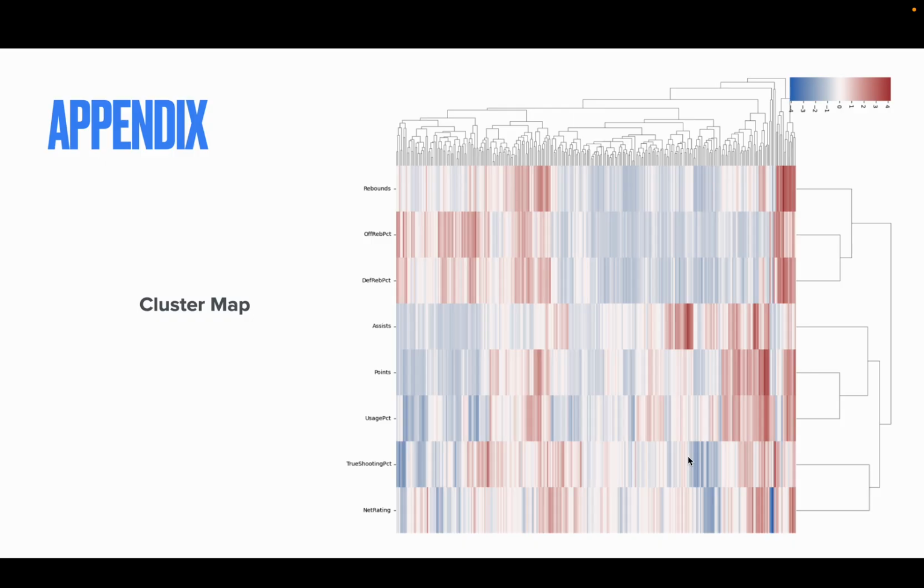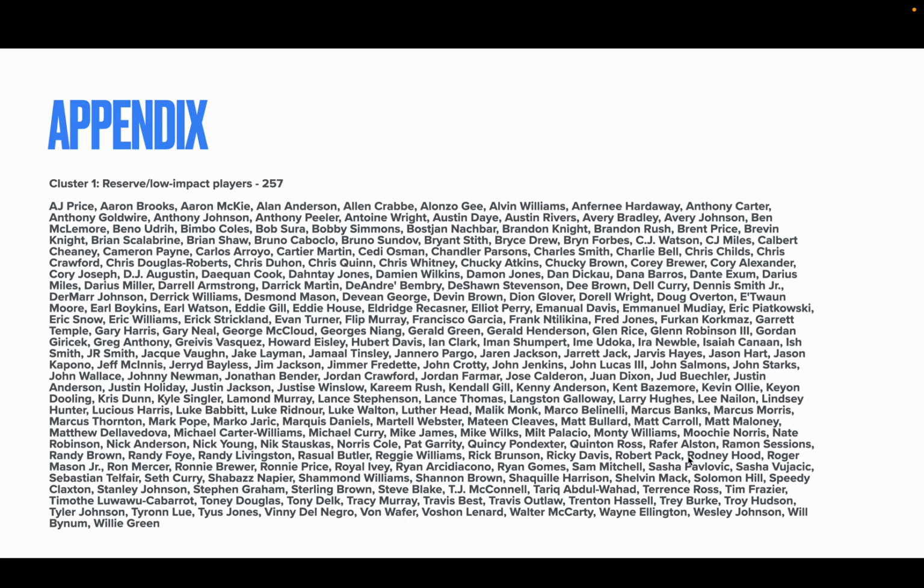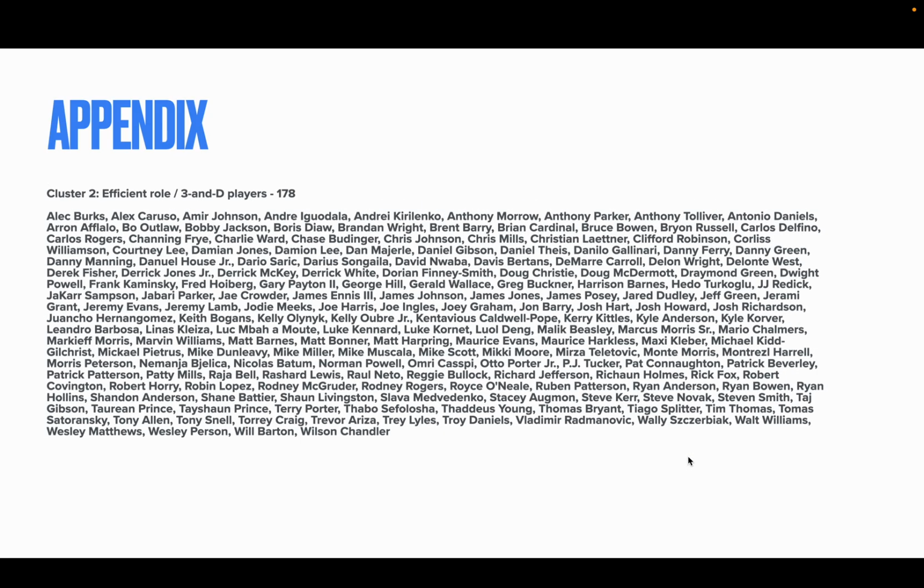And then I just added some slides to the appendix here. Here's the cluster map of the players. So you can see the clusters there. And then I also added all the players in each cluster if you're interested. Cluster 0 had 221, cluster 1 had 257 players.